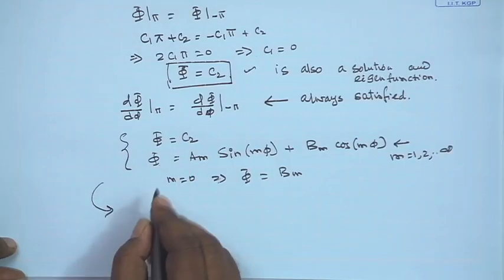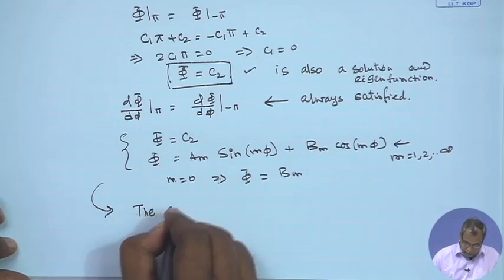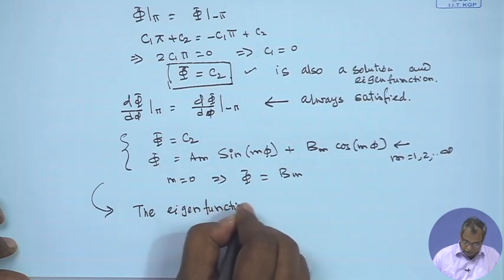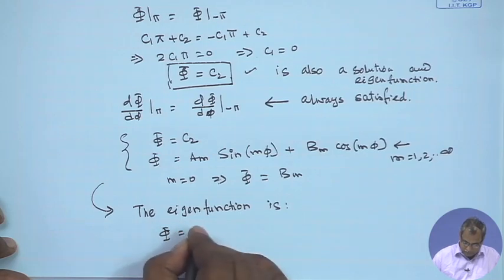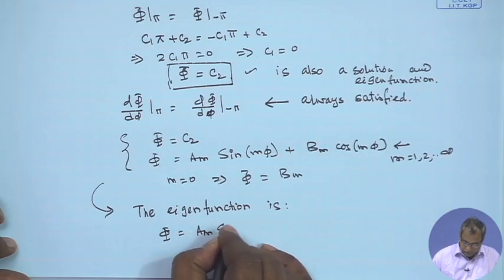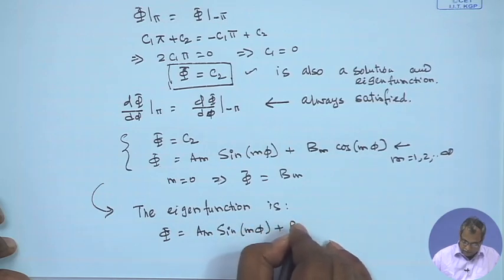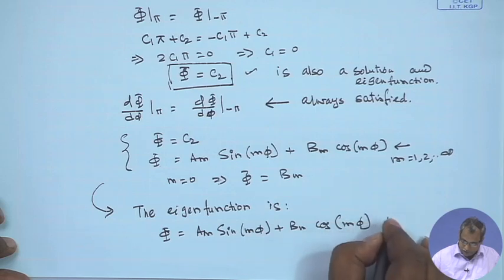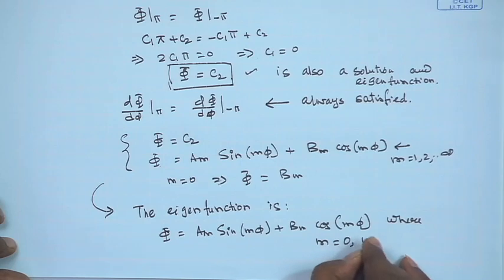So, in general, the eigenfunction for the phi varying part is phi equal to a m sin m phi plus b m cosine m phi, where m starts from 0, 1, 2 up to infinity.